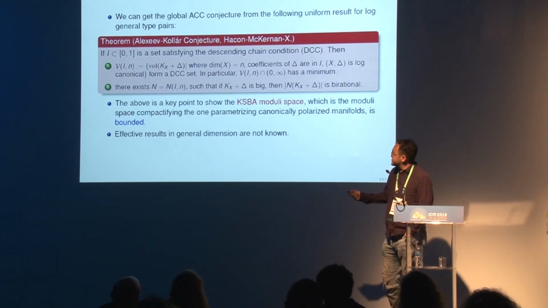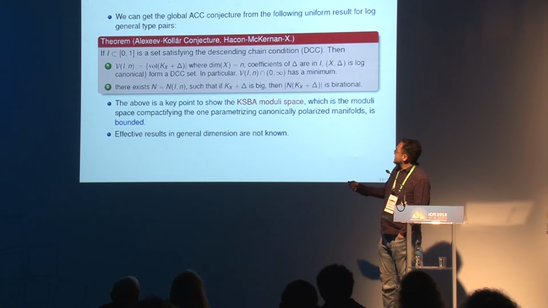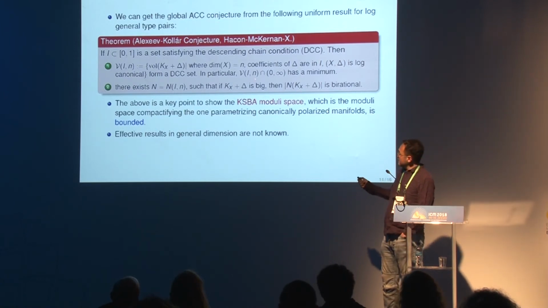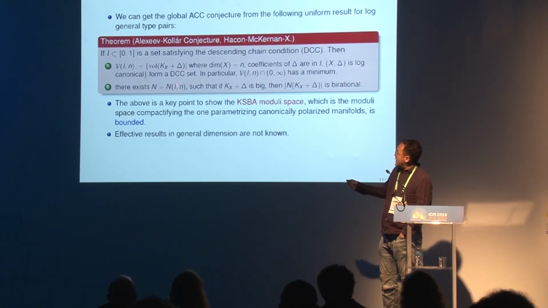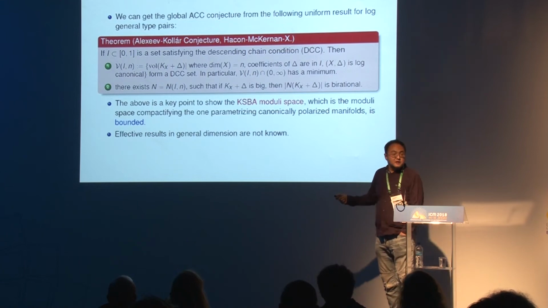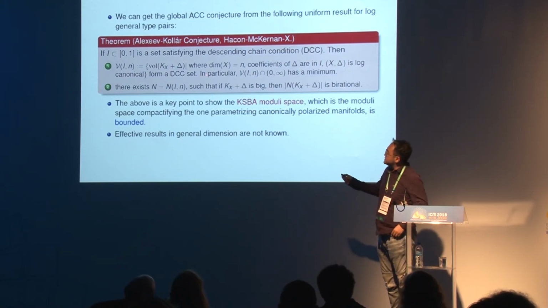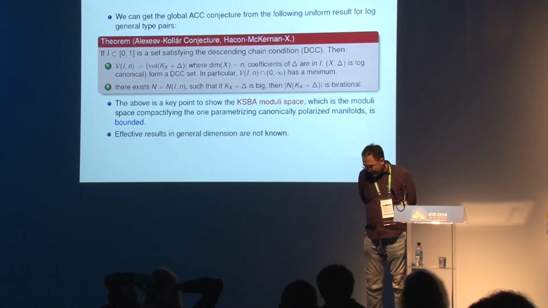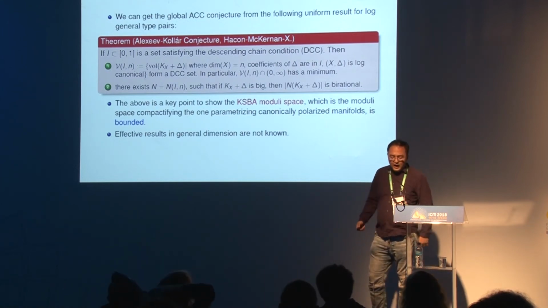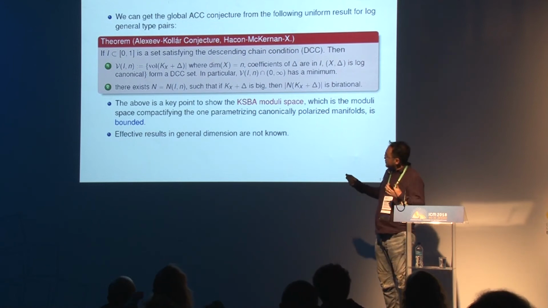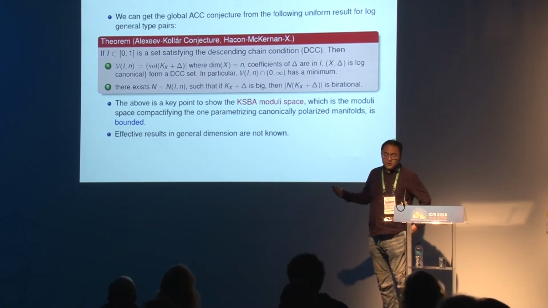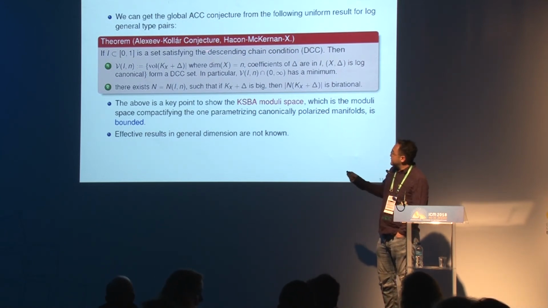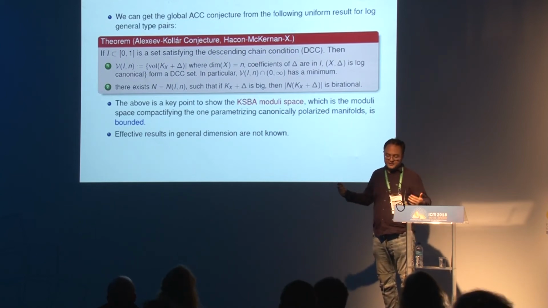The second part is that there is a uniform n such that n(K_X plus delta) is birational. Here, n only depends on the coefficient set and the dimension. The relation between these two statements was first found by Chuji, and based on Chuji's work, we realized that to prove this, we have to prove them simultaneously.